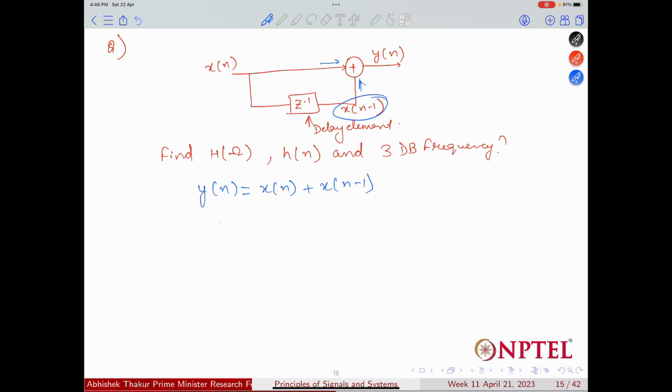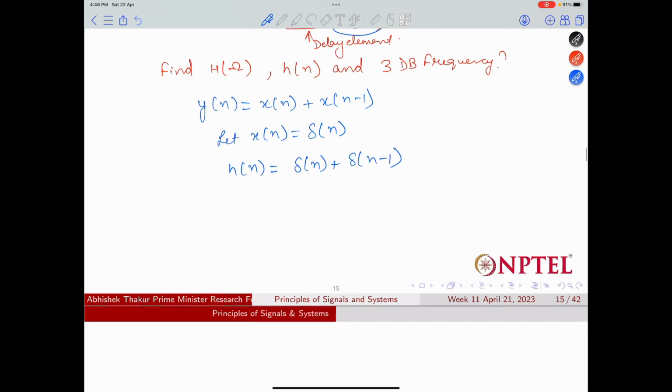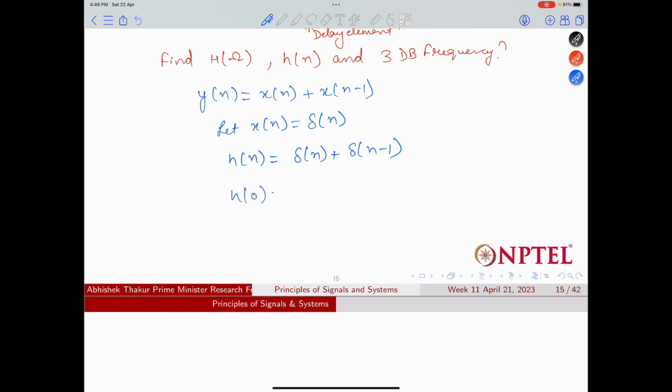So let's suppose x of n is equal to del of n, and h of n is then equal to del of n plus del of n minus 1. Here h of 0 is equal to del of 0 plus del of minus 1, that is equal to 1.